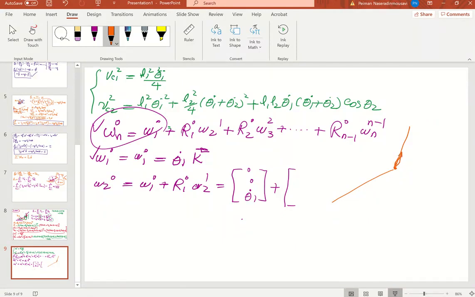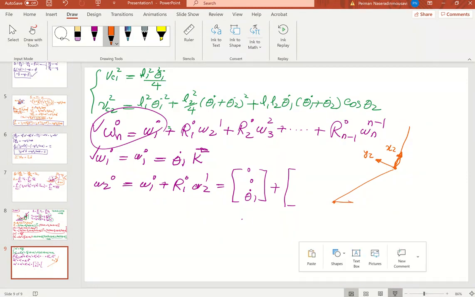Here was x2, y2, and z2 is out of the side. And here is x1. Here we plot like that.